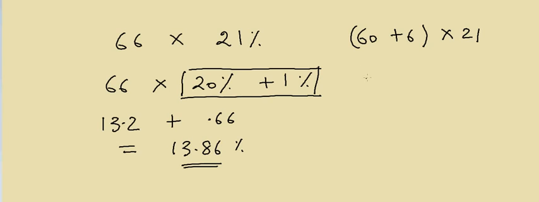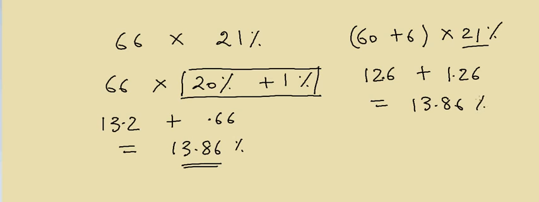So 60 into 21%, that is 2 into 1, 26, so that is 12.6, and 6 into 21% is 1.26. We can add them together and that will be equal to 13.86. So this is only about how you are making the calculation easier, right?